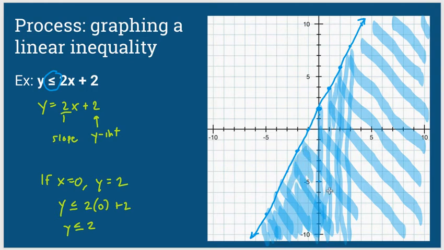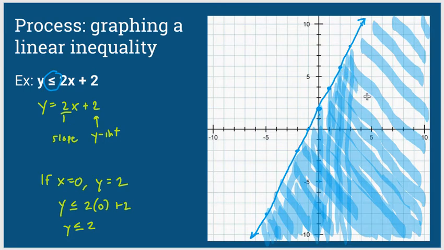There should not be any gaps here. But just because that takes a lot of time and ink, we often don't fill in the entire section down here. It's okay to indicate which side is shaded just by using stripes or something like that.